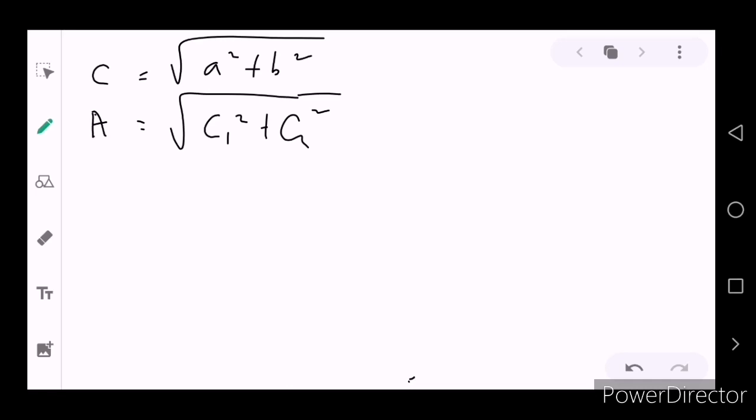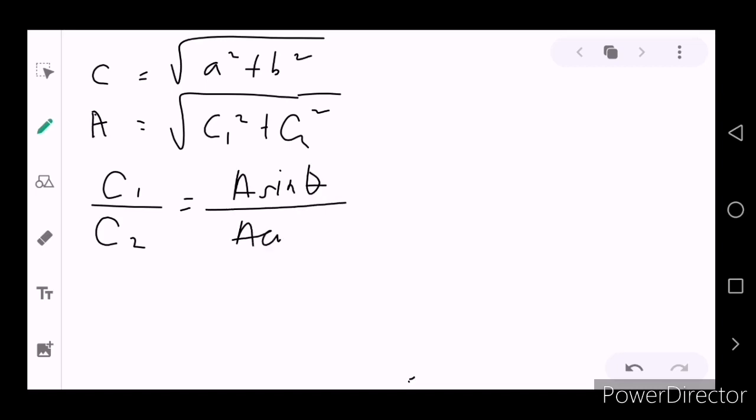Now, sa relationship naman ng C1 sa C2, C1 over C2. Sabi natin kanina, no? C1 over C2 is equal to A sine theta over A cosine theta. Correct? So, ang sine over cosine, ano siya?